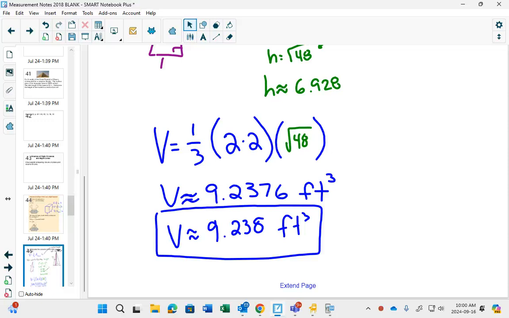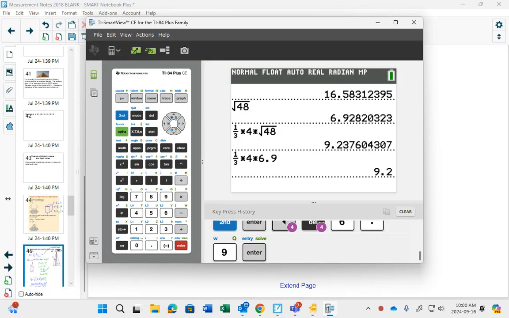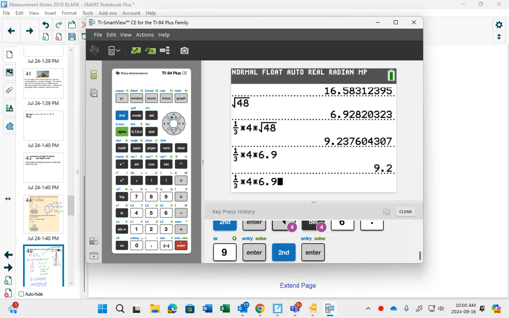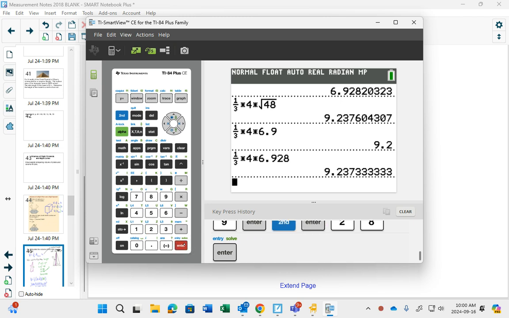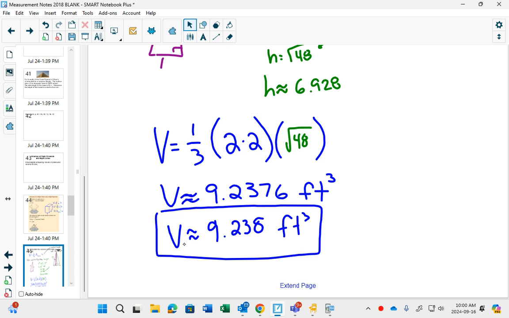Sometimes that problem goes away. So for example, if I had used 928, I'm still rounding early, I would get 9.237. How does that match up? I would still lose a half a mark for rounding because it's supposed to be 9.238.